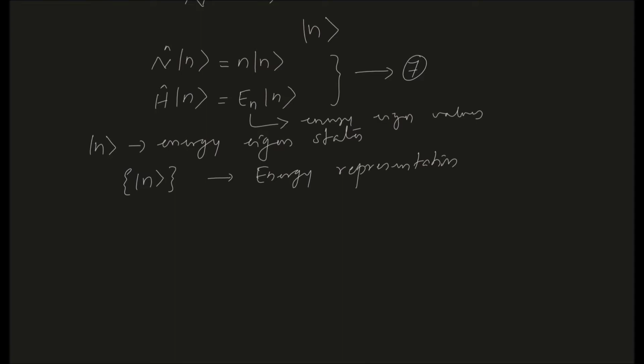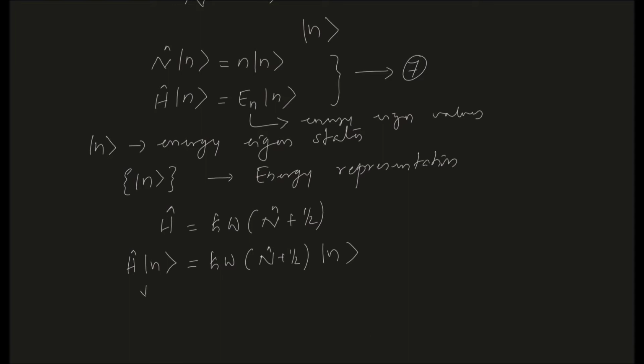So we can now immediately write down an expression for the energy eigenvalues, because we have seen that the Hamiltonian is given by h cross omega into (N plus half), right? So let's multiply with this energy eigenstate on both sides, so that will give us H|n> equal to h cross omega into (n plus half), acting on the same eigenstates.